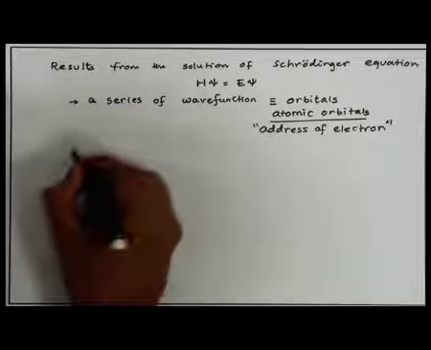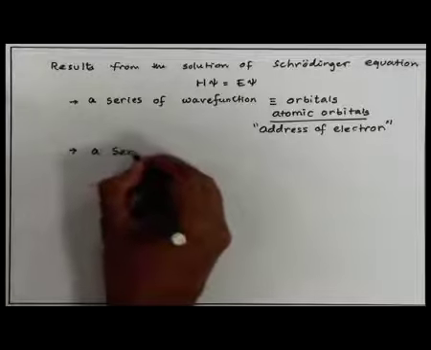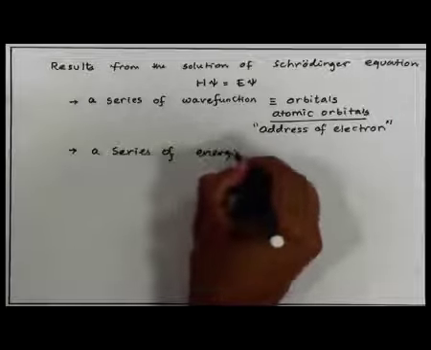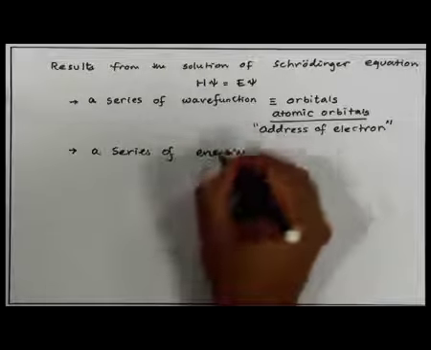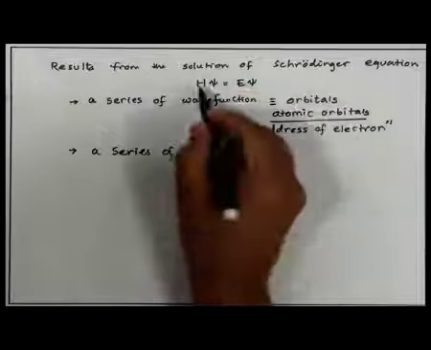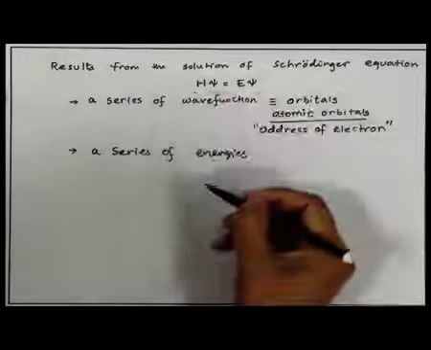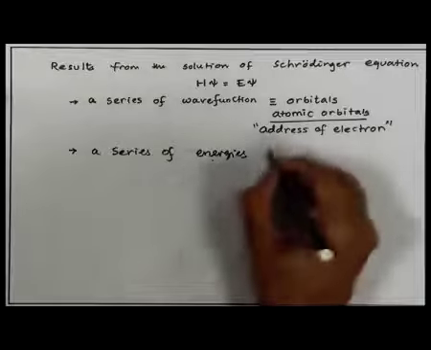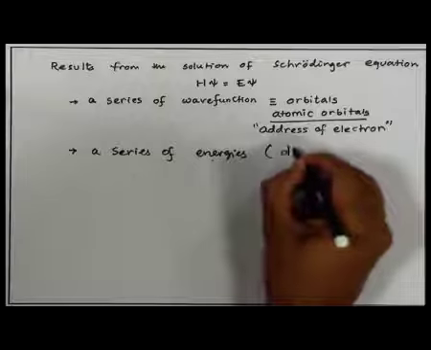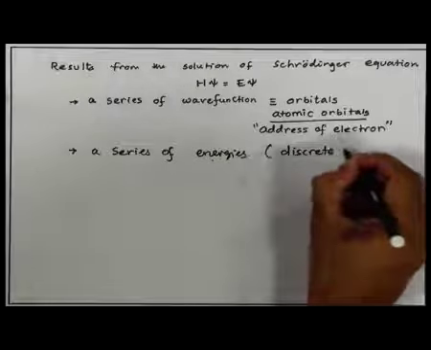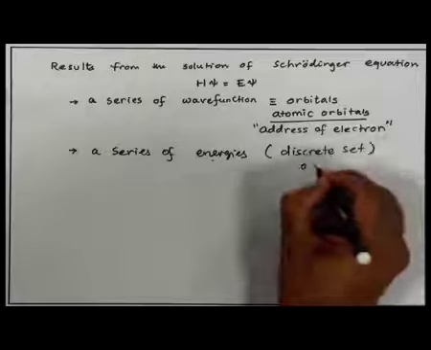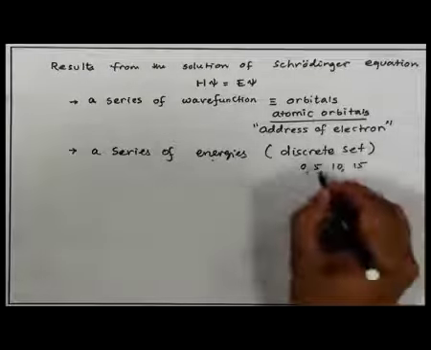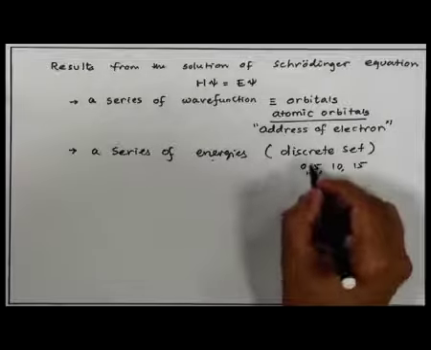In addition to this, we also get a series of energies. Each energy corresponds to one wave function. As I said, I have a series of wave functions and each wave function corresponds to one value of energy. So, I have a series of energies, and these energies form a discrete set. They have certain values like 0, 5, 10, 15, or some other real numbers.